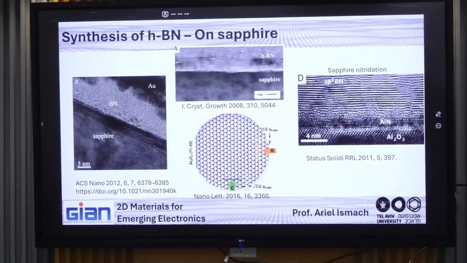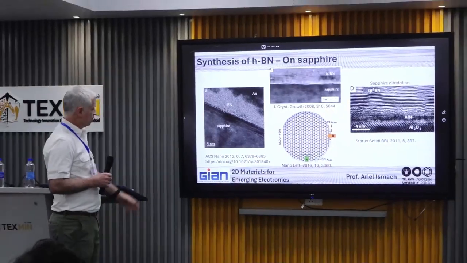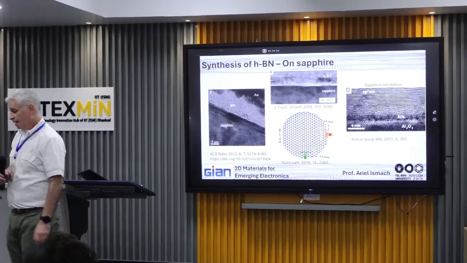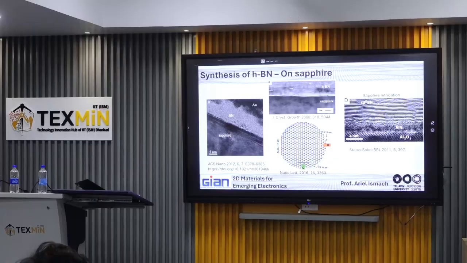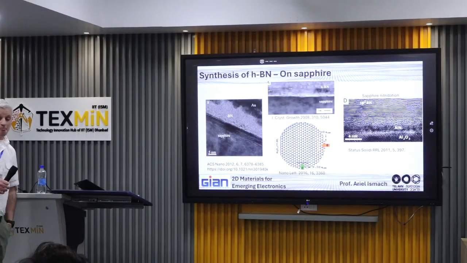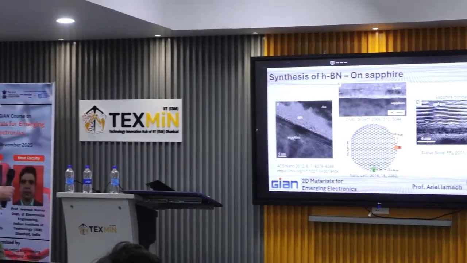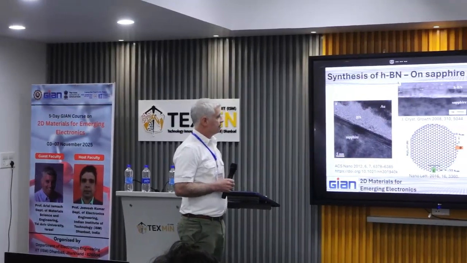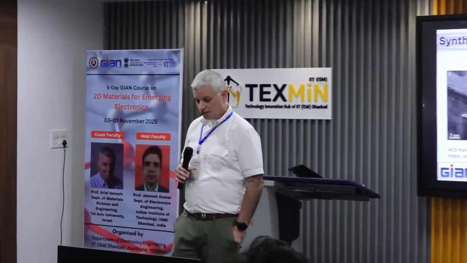If you grow on dielectrics like sapphire at low temperature, usually what you get is amorphous. If you increase the temperature to 1400 and up, you start to have very nice, high quality hBN directly on the dielectric. But usually to achieve that, you need higher temperatures.